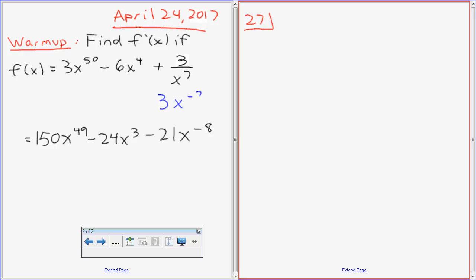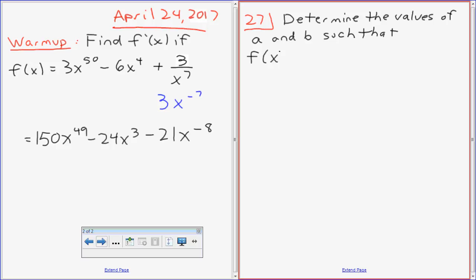27 says, determine the values of A and B such that f of x equals ax cubed plus bx squared plus 3x minus 2, and f of 2 equals 10, and f prime of negative 1 equals 14.